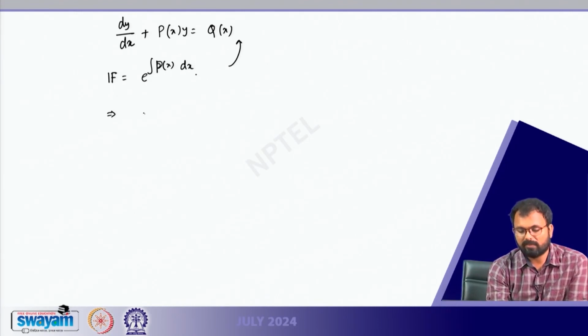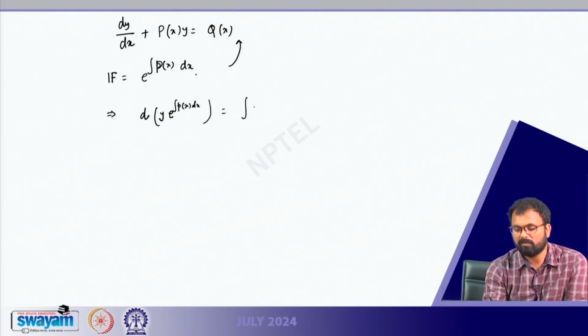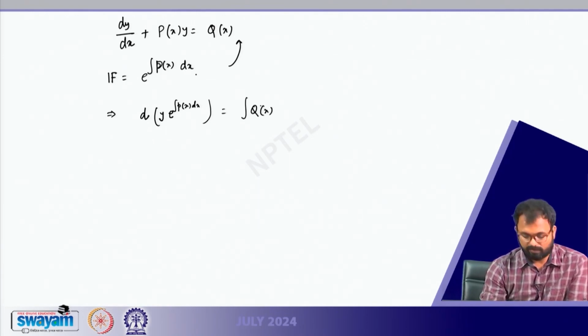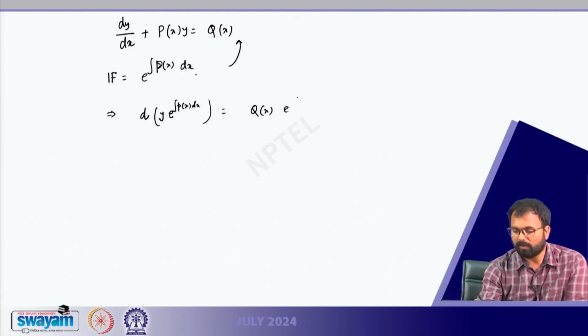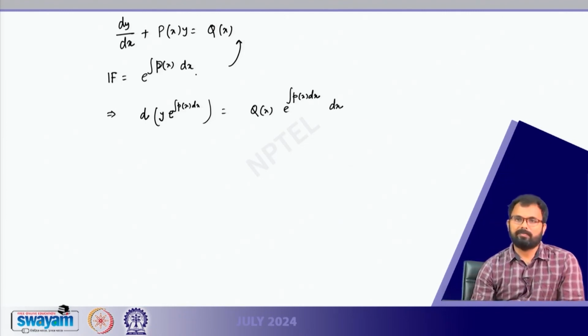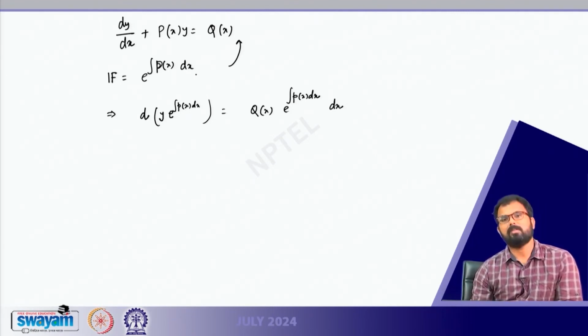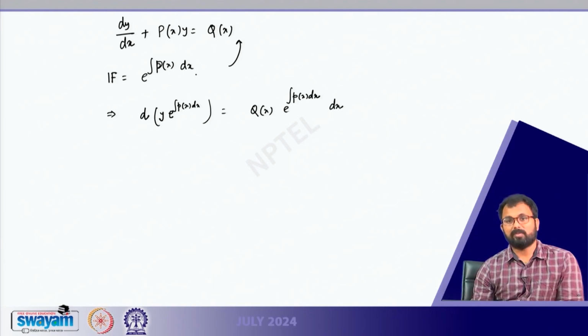Then your left hand side will become d of y e to the power integral px dx, and on the right hand side you will have qx times e to the power integral px dx. Now, you integrate both sides with respect to x and you will get the answer. So, this method was also something that you have studied for solving a first order ODE, right.